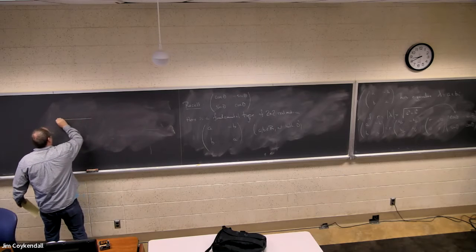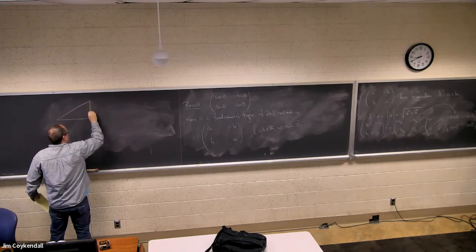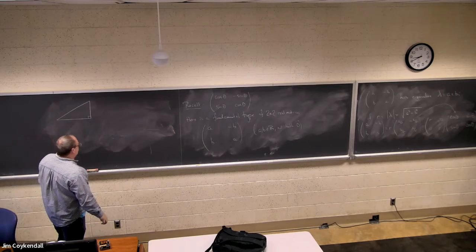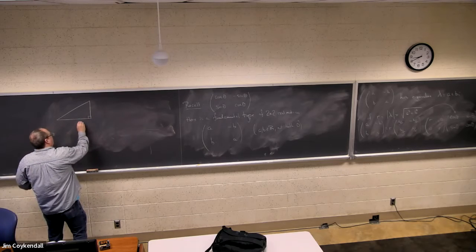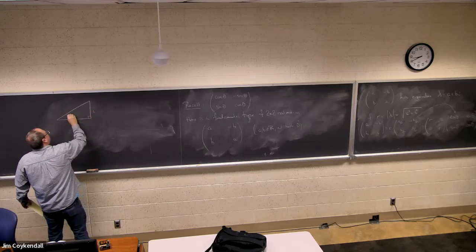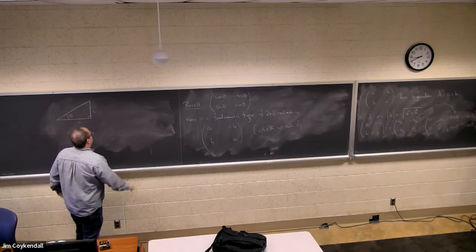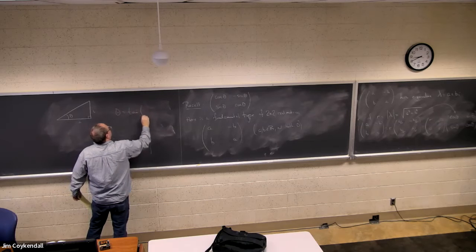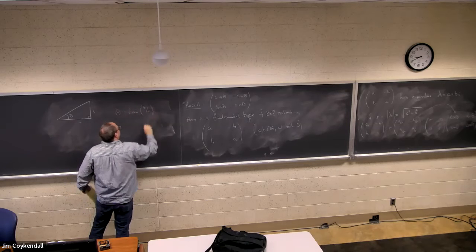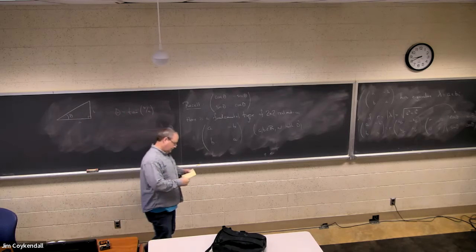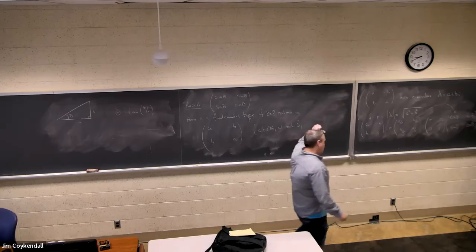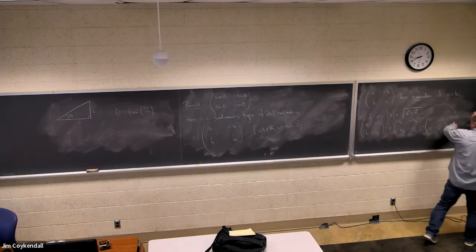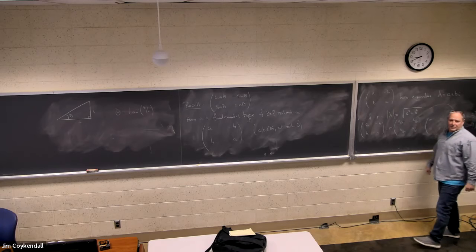If I draw a little triangle here, and I think of the real part as A and the imaginary part as B, theta is the inverse tangent of B over A. Notice that if you take this theta and take the cosine of it, you will get A over R, right?